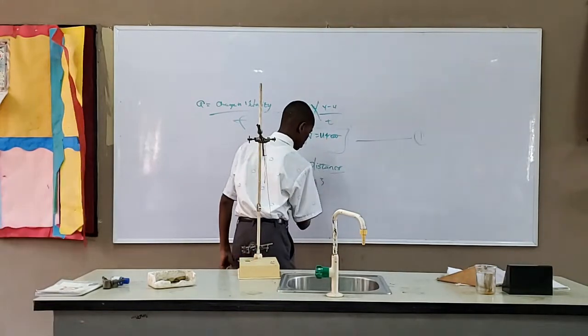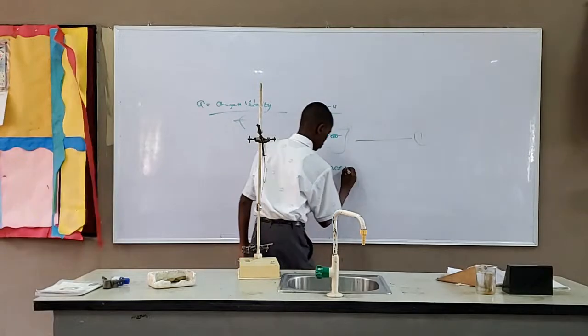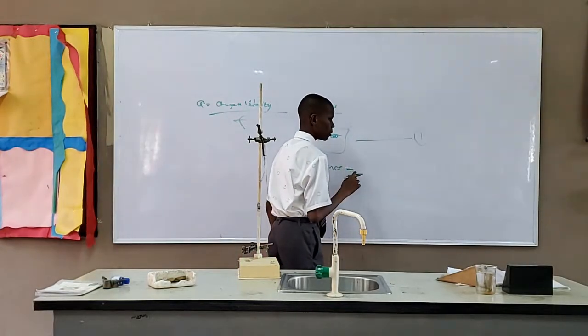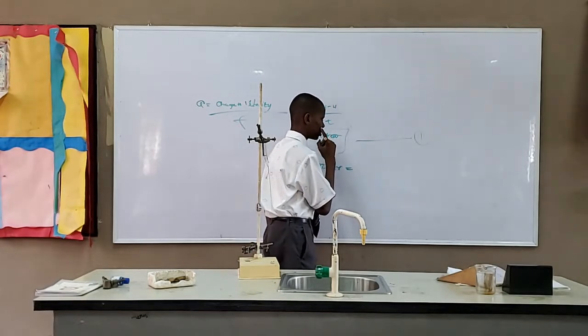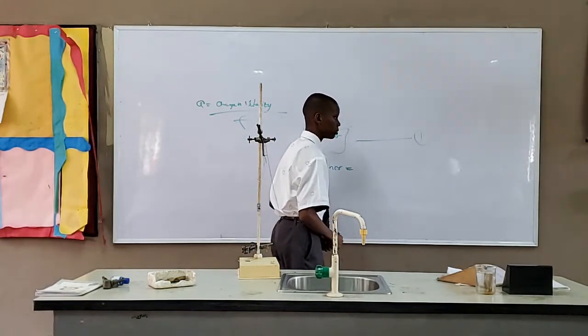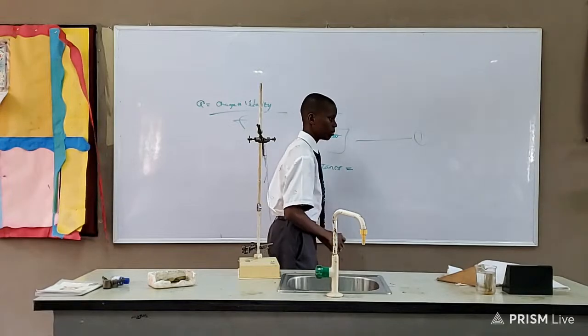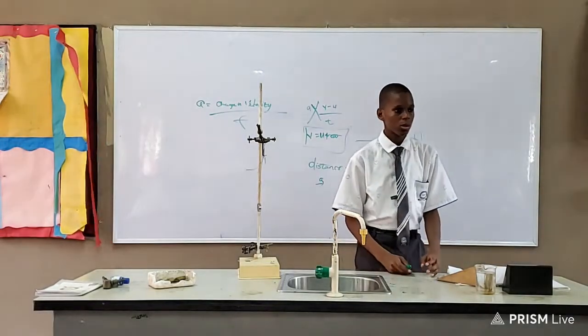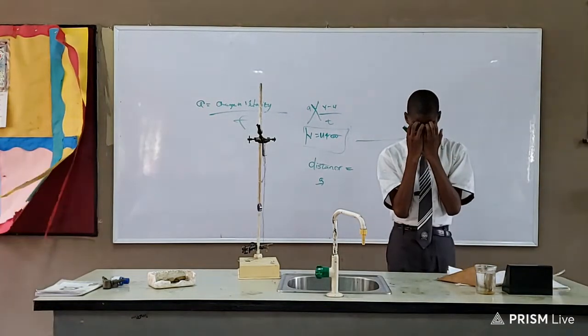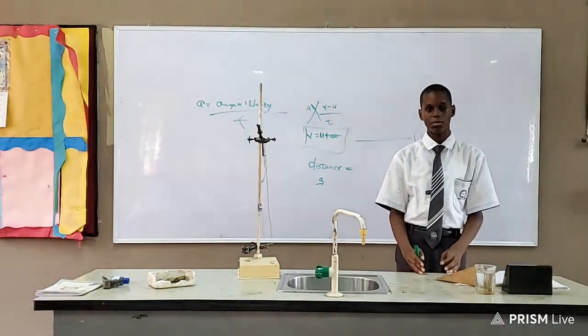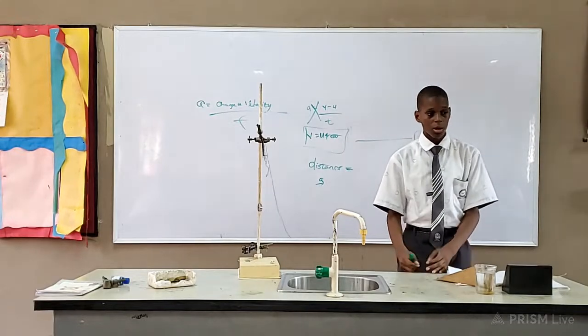That is, distance equals average speed times time.